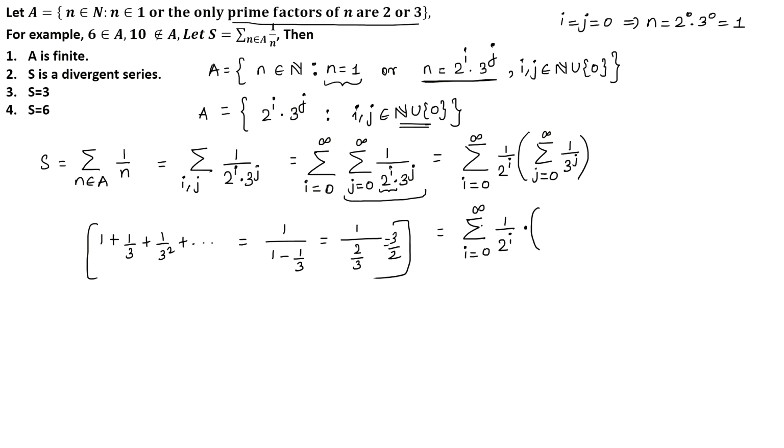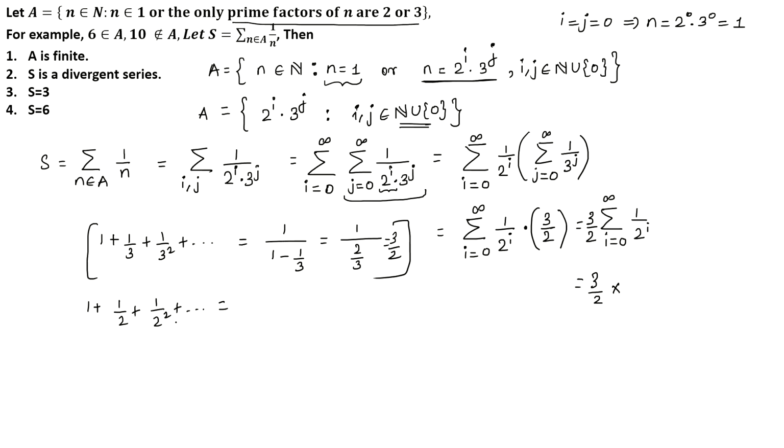So S will be equal to sigma i equals 0 to infinity of 1 by 2 raised to i into 3 by 2. 3 by 2 is common, therefore we can take it out, so this is 3 by 2 into sigma of 1 by 2 raised to i. And this series is 1 plus 1 by 2 plus 1 by 2 square and so on.